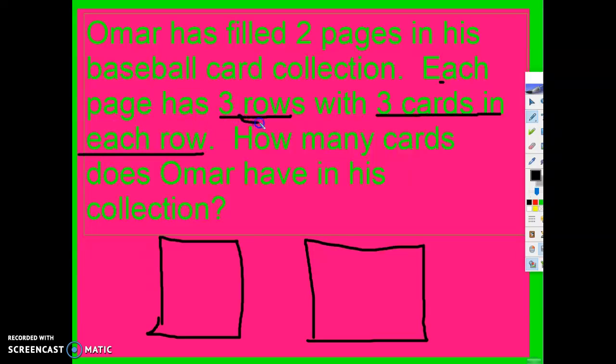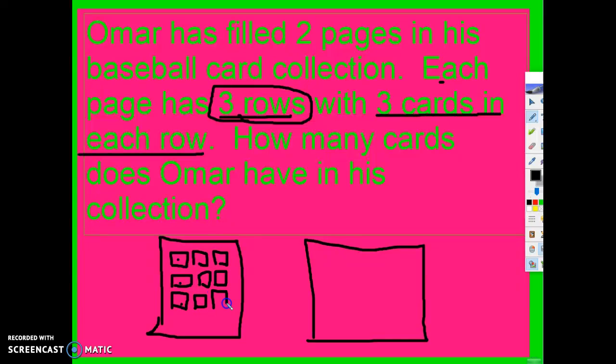So this row word right here is kind of cluing you in. You need to draw an array. 3 rows, 3 cards in each row. So here's my 3 rows. 1, 2, 3. And there's 3 cards in each row. So I have 1, 2, 3, 1, 2, 3, 1, 2, 3.